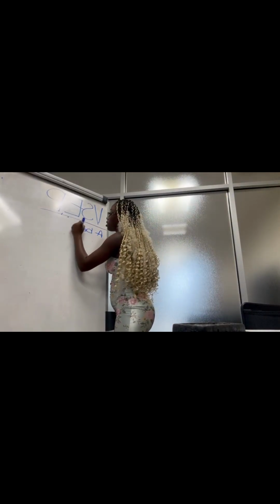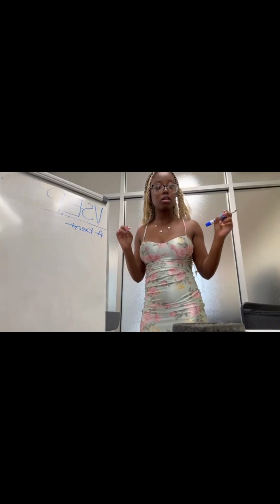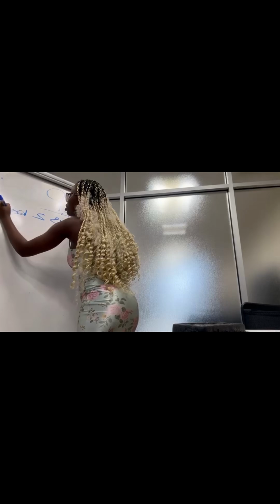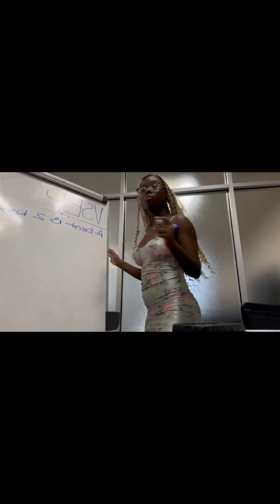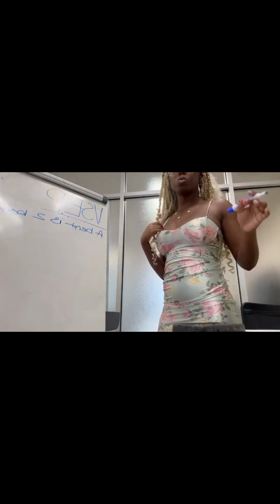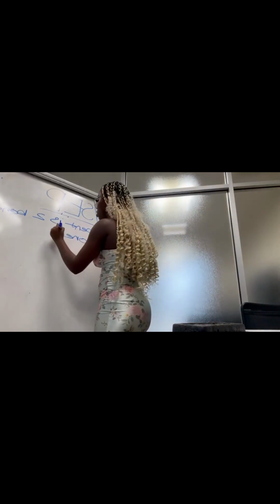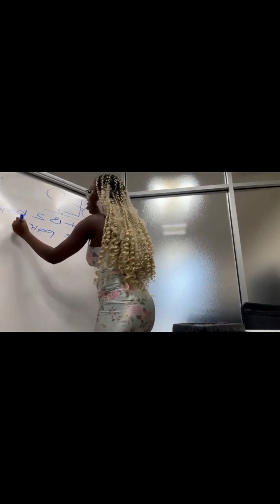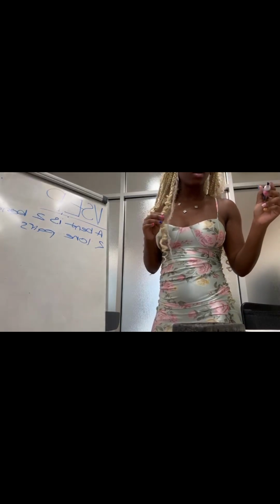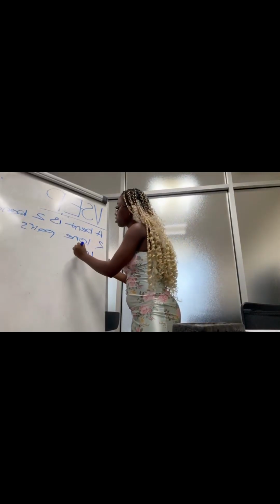A bent shape is two bonds and two lone pairs, at 104.5 degrees.